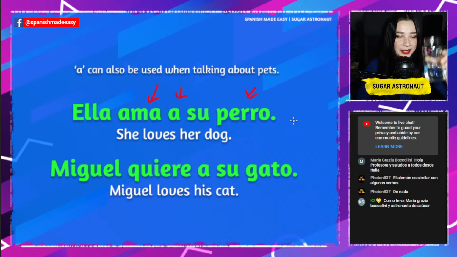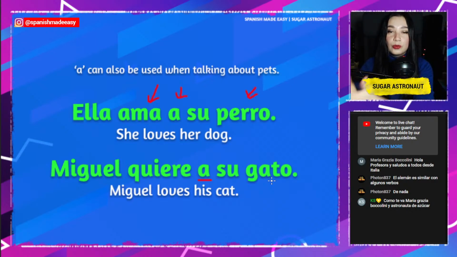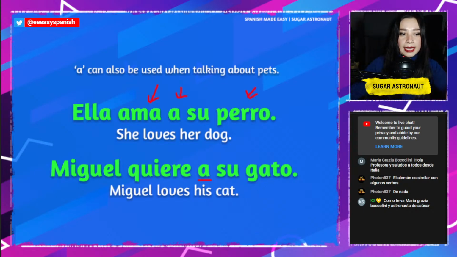Okay. Let's move on. The next example is Miguel quiere a su gato. This means Miguel loves his cat. Once again, we don't have a translation for this, but we need it.